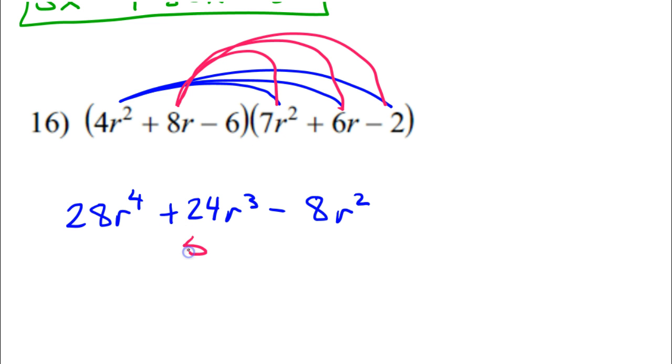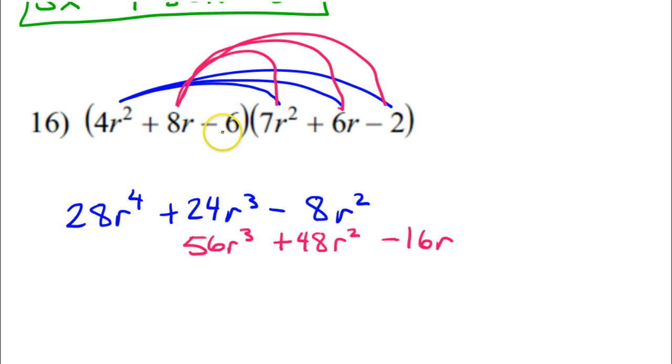Watch how I line up my like terms. 8r times 6r is going to be 48r squared. And 8r times negative 2 is going to be negative 16r.